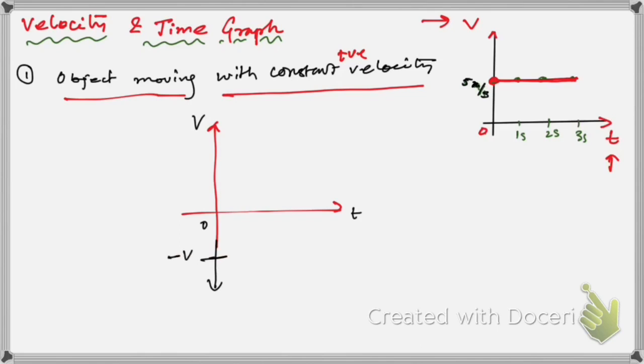Then it will be parallel to the time axis, negative constant velocity. So we have to draw it this way. Here minus v is the negative constant velocity. Then we have to draw the graph like this. Hope you have understood this.